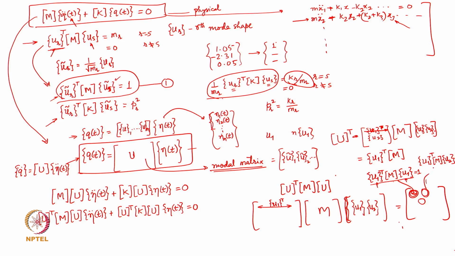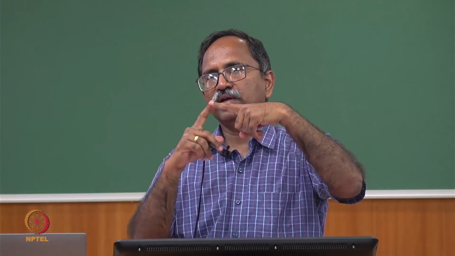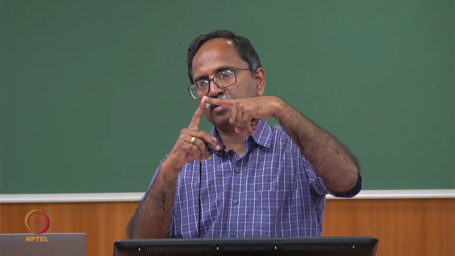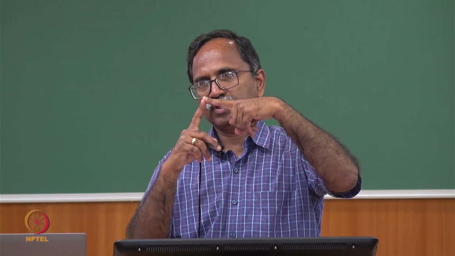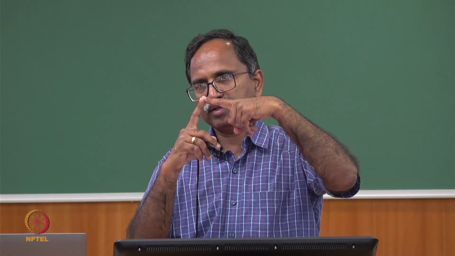This off diagonal element, what would it give? When R is not equal to S, then you get the product to be 0. So, when you have two orthogonal vectors, modal vector 1 and modal vector 2, this orthogonality is like a dot product of two vectors. When they are at 90 degrees, their dot product will be 0, if you are talking of two different, independent vectors.